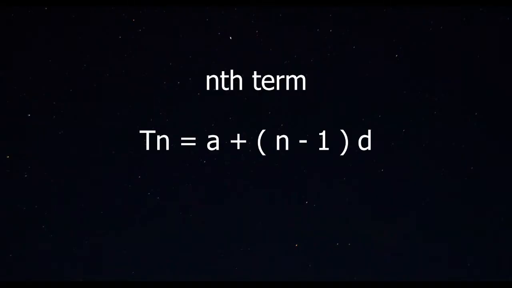Okay, arithmetic sequences have three different types of formula, which will be shown on the screen. The first formula is the formula to find the nth term. The second formula is to find the sum of the first n terms. It has two different types of sum of the first n terms.